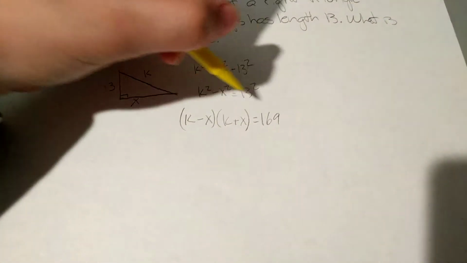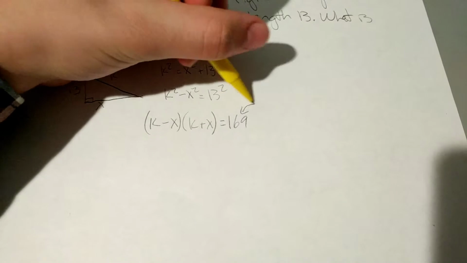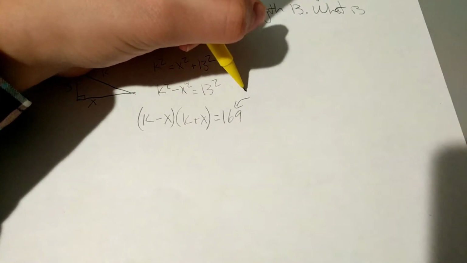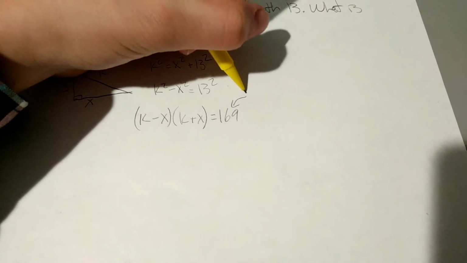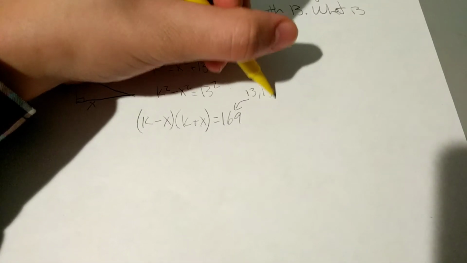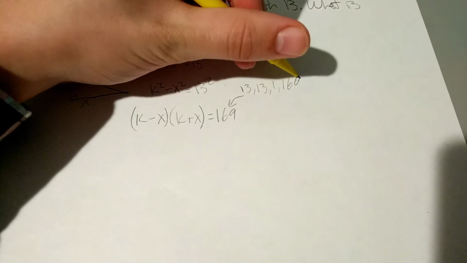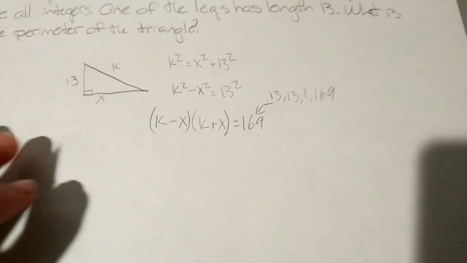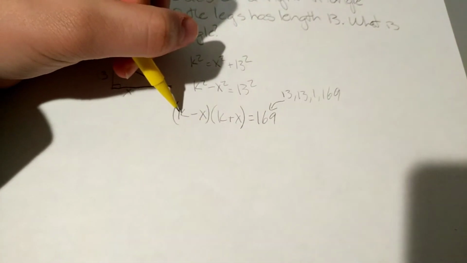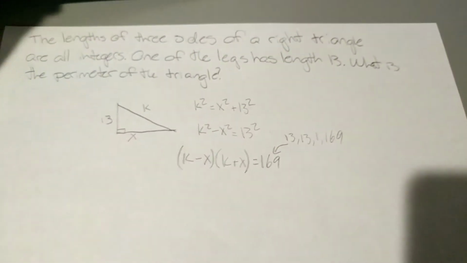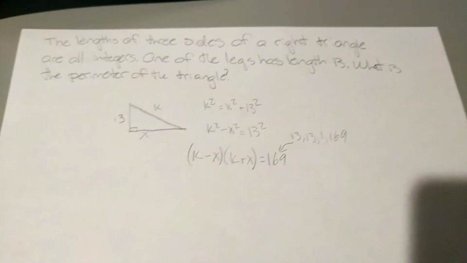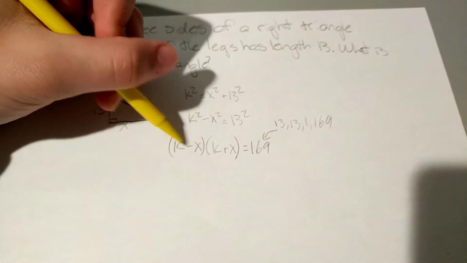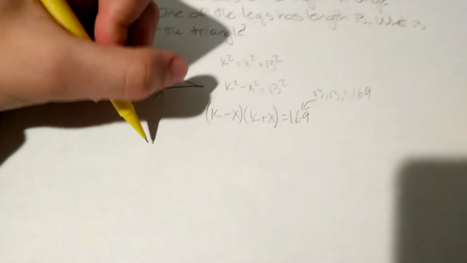Okay, an important thing to note about 169 is that its only factors are 13, 13, 1, and 169. Since they're positive integer lengths, k plus x is greater than k minus x.